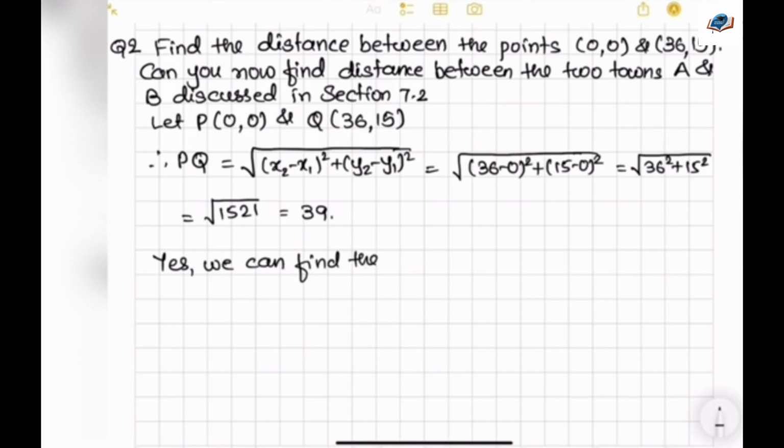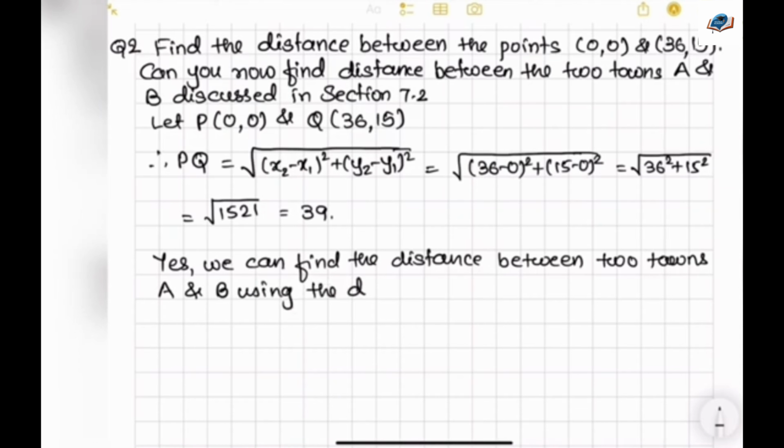Yes, we can find the distance between two towns A and B using the distance formula only.